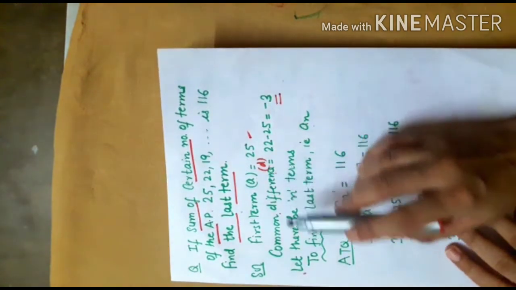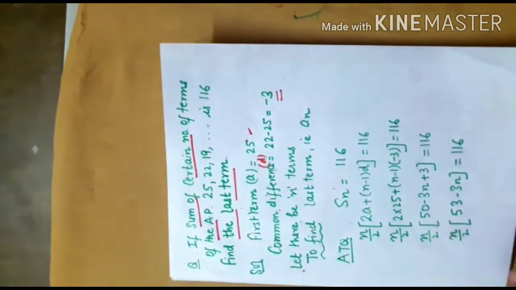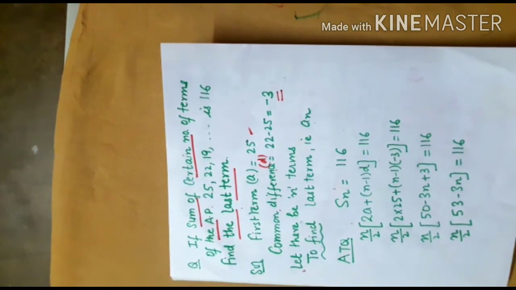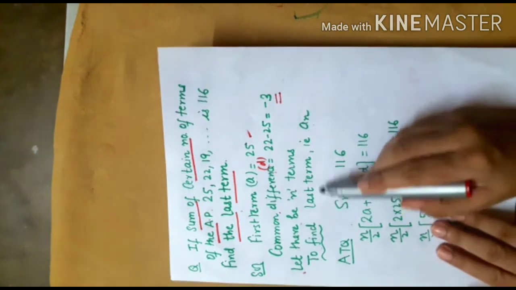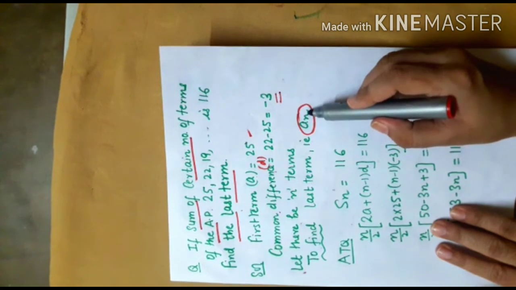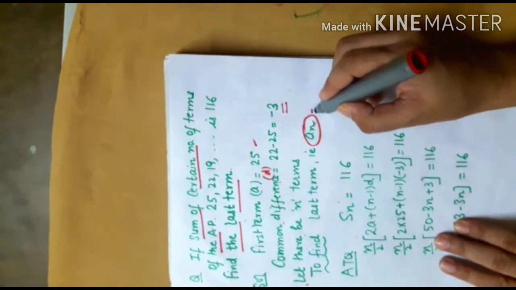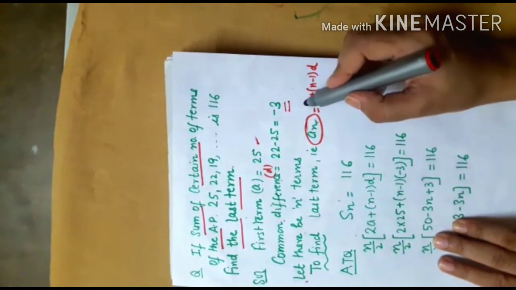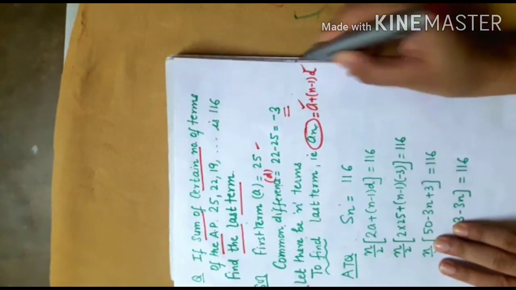Now let there be n terms in this sequence. We are to find the last term. So if there are n terms in the sequence, do you agree the last term will be An? So I need to find out An. Now An is equal to a plus n minus 1 into d. I know the value of a, I know the value of d.